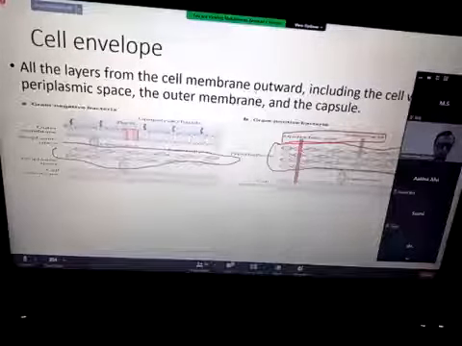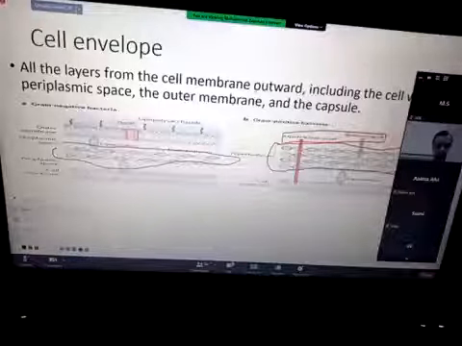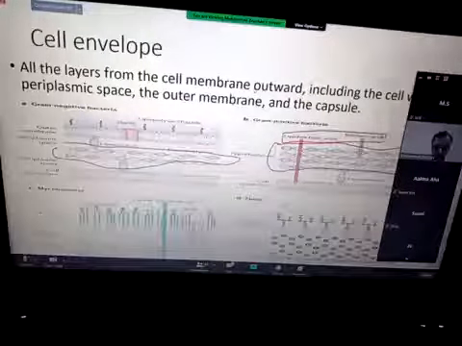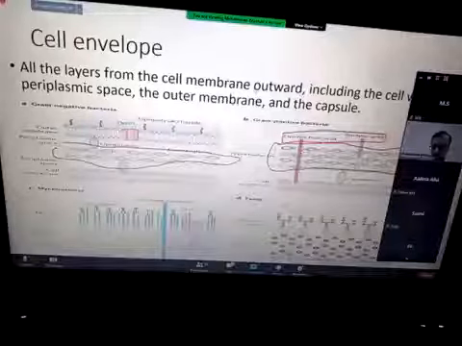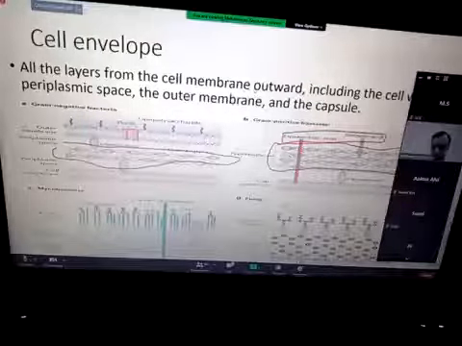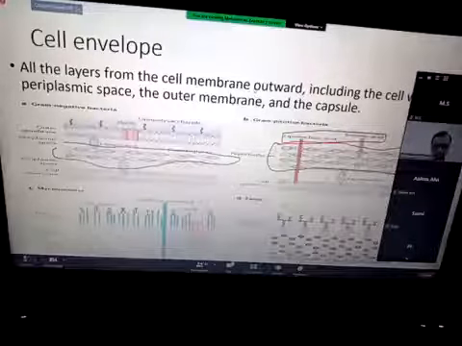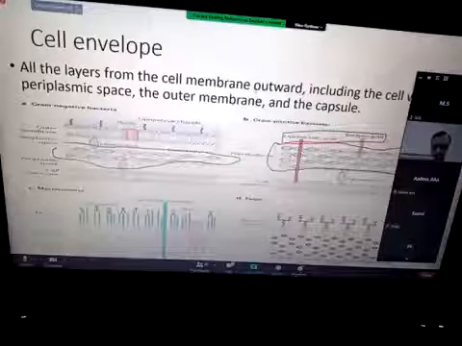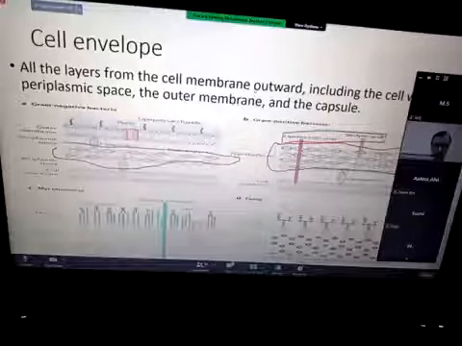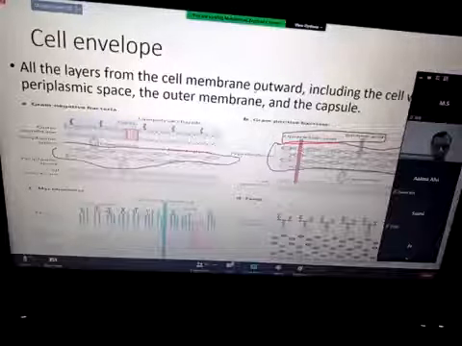I will not go into more detail about mycobacterium. Just have a look at the fungi and the mycobacterium structure. It is relatively different from gram-positive and gram-negative bacteria.